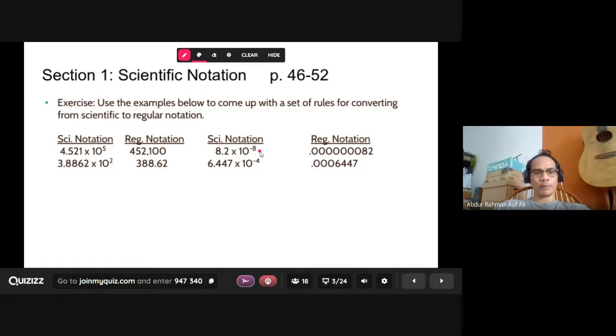So if you have problem understanding, just imagine this 10 kuasa beberapa any value here ni bermaksud how many steps, how many jumps does this titik perpuluhan, this decimal point need to move either left or right. So kalau dia perlu gerak ke kanan, that means value dia adalah negatif. Kalau dia perlu gerak ke kiri, value-nya adalah positif.